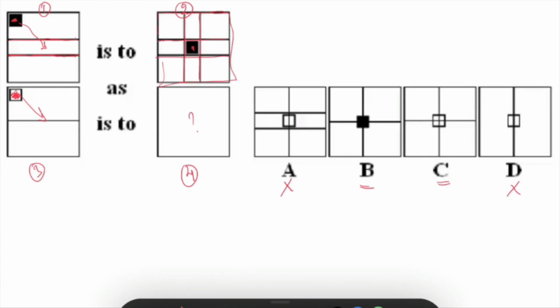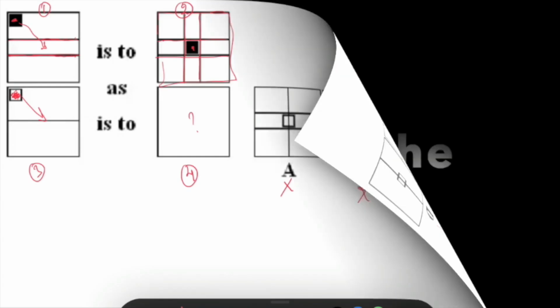No, because the black square didn't change its color when it moved in the case of patterns 1 and 2. So I expect B is not the good choice because it changed the color to black. So C is my right choice.